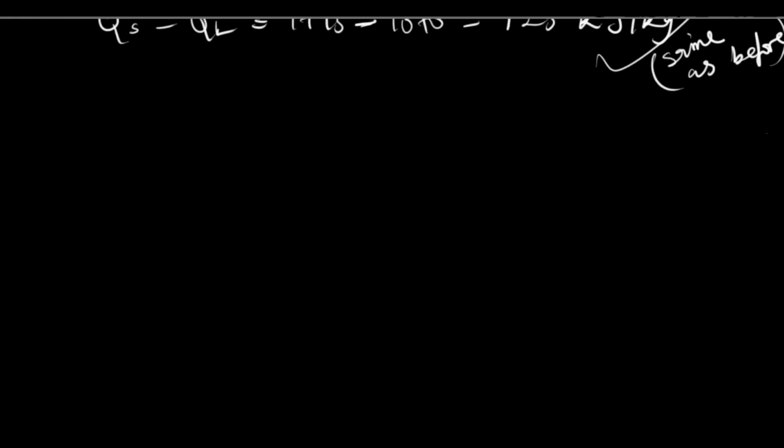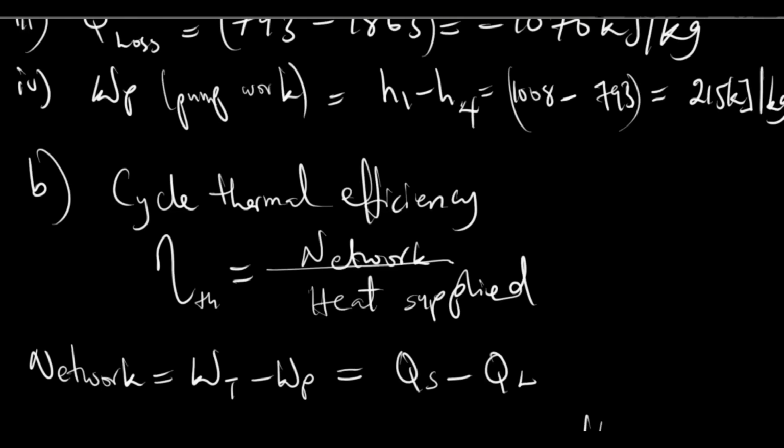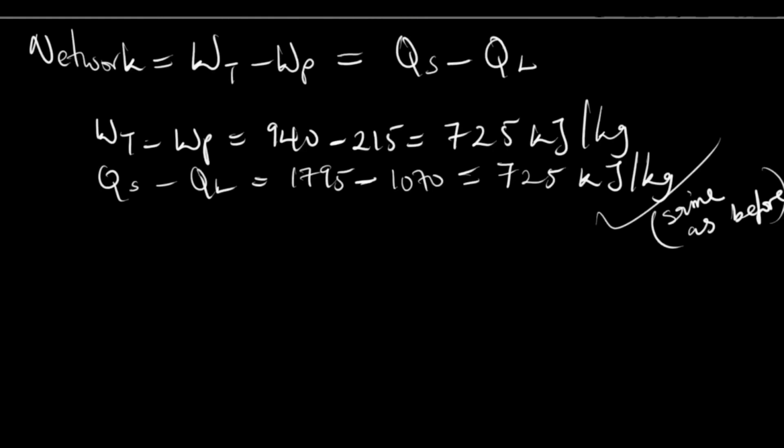So the next thing is to continue with your thermal efficiency. So thermal efficiency therefore is 725 over heat supplied, which is 1795. I said work ratio is given by net work over gross work. In this case we are dealing with an ideal cycle, which is Carnot cycle.